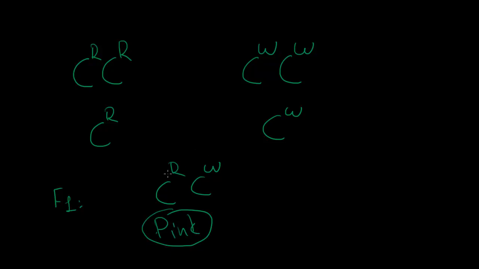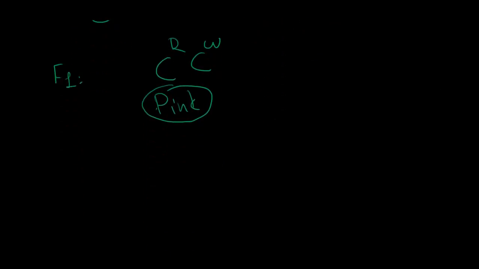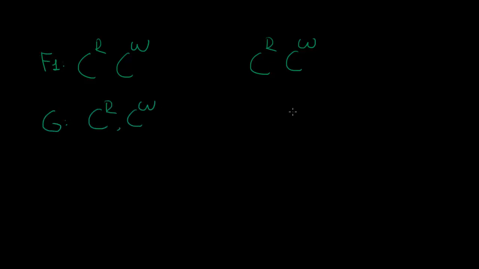Now what happens when we cross two heterozygous plants? So we have CR CW, CR CW. This is the F1. Now the gametes are CR, CW, CR, CW, and we follow the rules of a simple monohybrid cross.